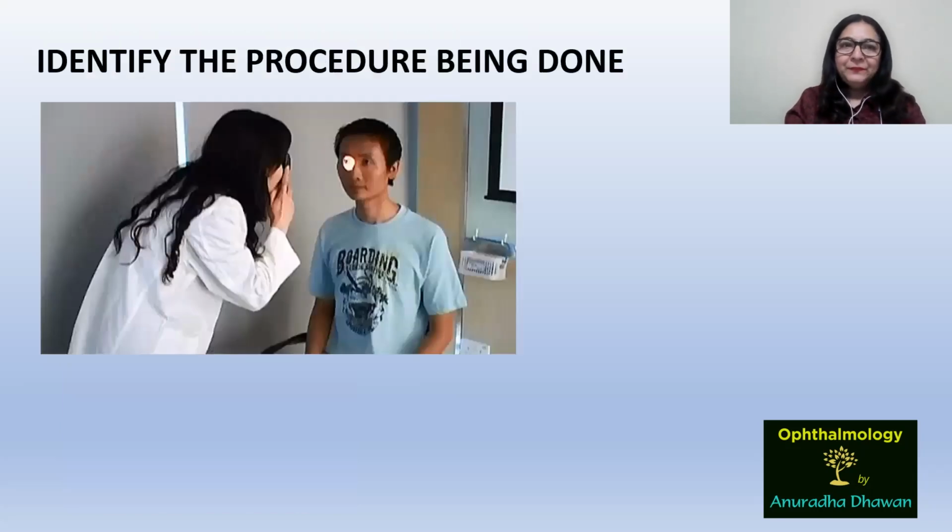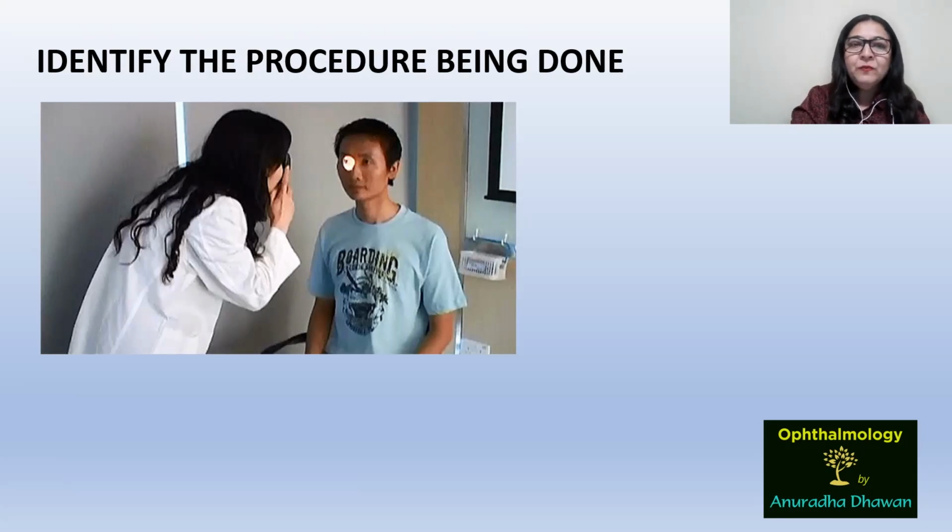Moving to this picture. So identify the procedure which is being done here. Okay, so if you notice over here, there is a patient sitting and then there is an observer or examiner. The examiner is holding an instrument in the hand. And if we notice, from that instrument the eye is being lit.